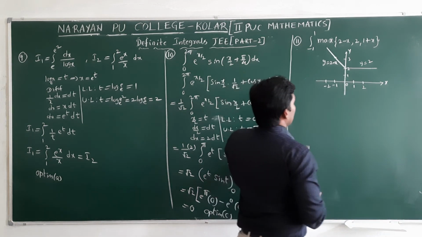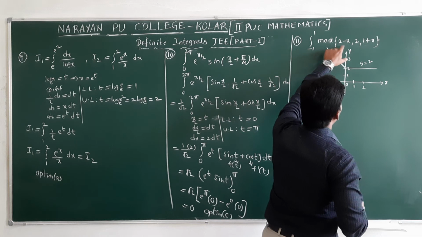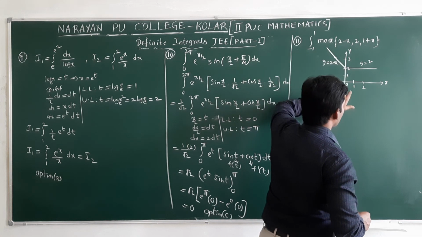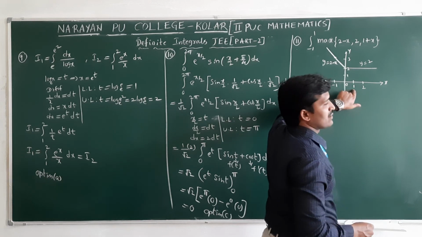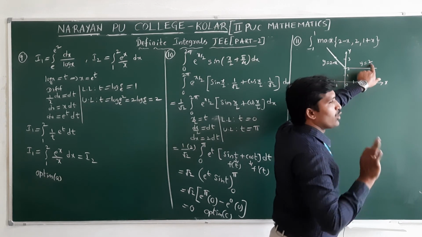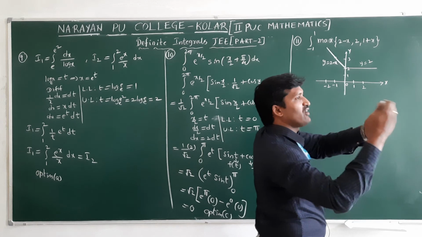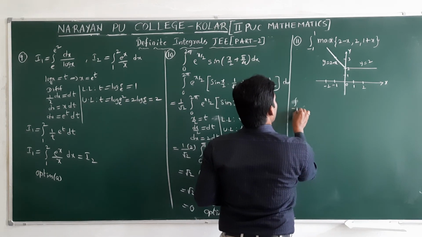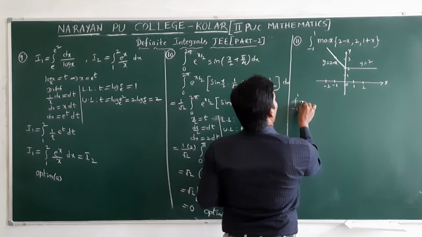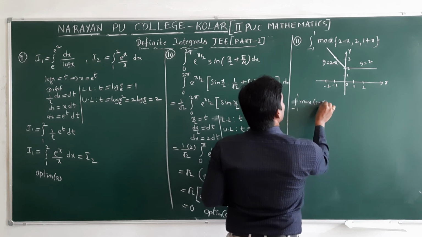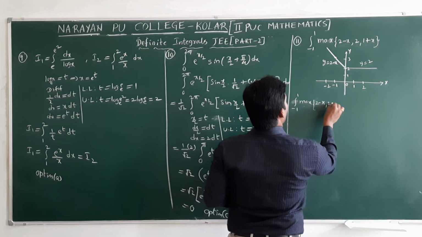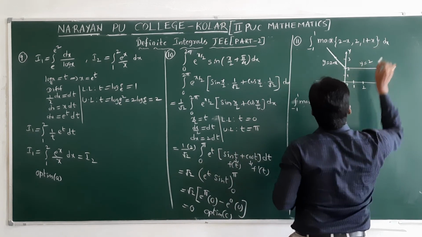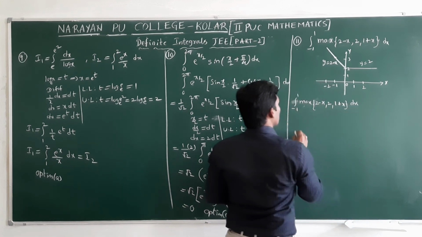That's why, of these functions, one function is from minus 1 to 0 and another function is from 0 to 1. From 0 to 1, what is the curve here? Only 2, of the form y is equal to f of x. So the integral from minus 1 to 1 of the maximum of 2 minus x, 2, 1 plus x dx, we split into two parts.